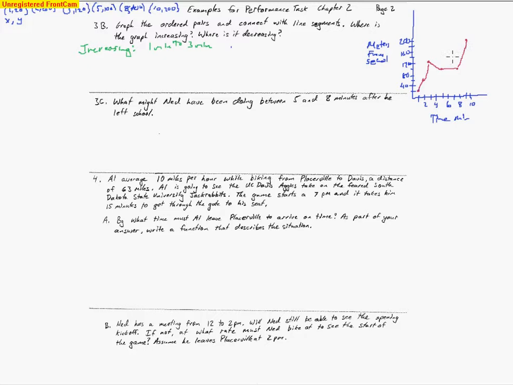But from 8 minutes to 10 minutes, it was also increasing. So that was the increasing part. Now, decreasing: we've got from 3 minutes to 5 minutes, which is where it was decreasing.